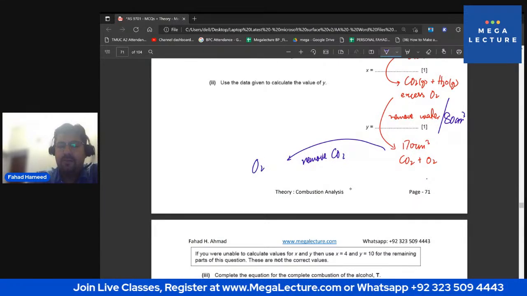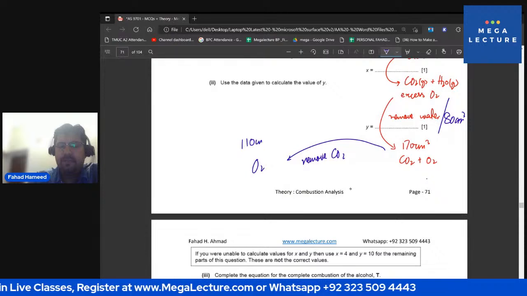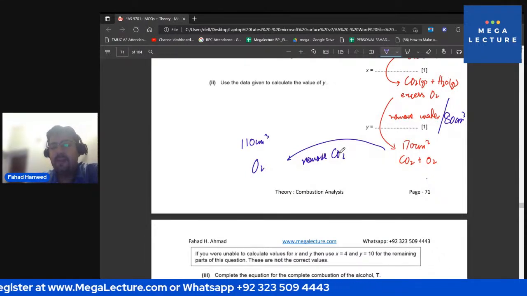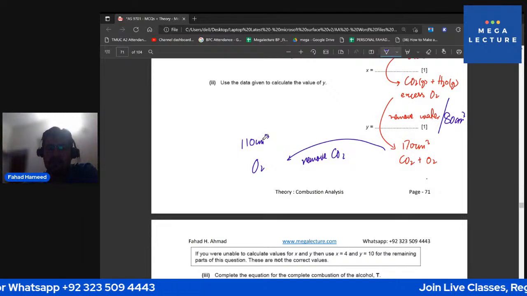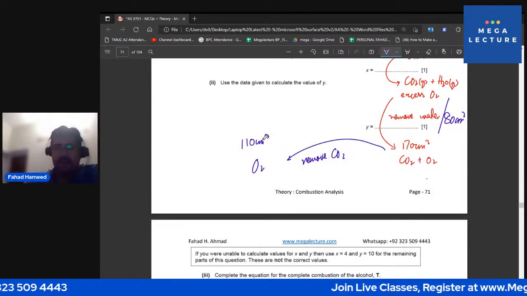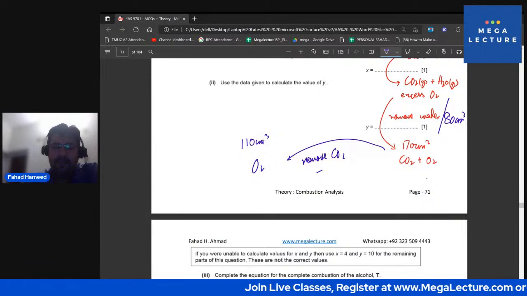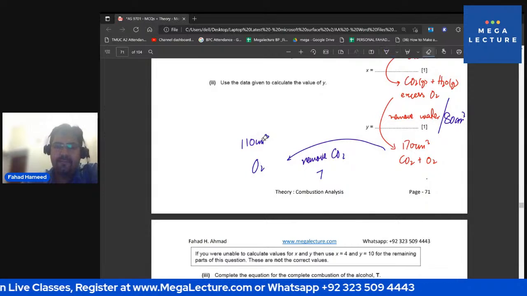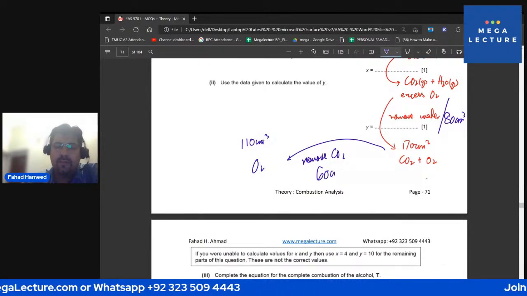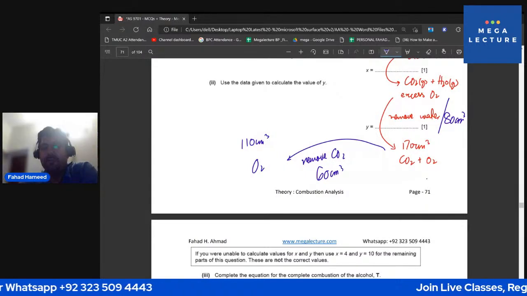So the volume decreases to 110 cm cube. So how much CO2 was removed? You started off with 170, remove CO2, and the volume decreases to 110. So the amount of CO2 is not 70, it's going to be 60 cm cube.